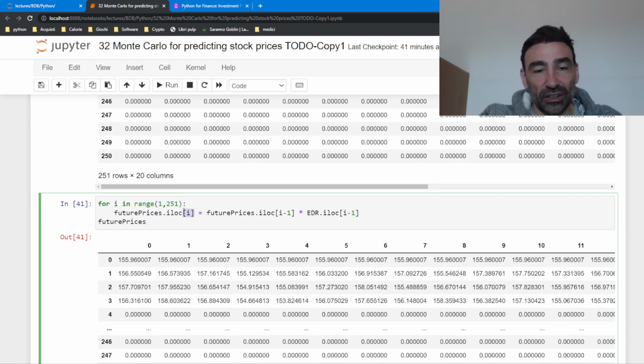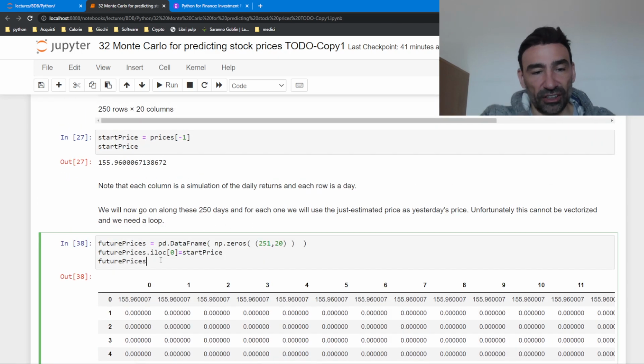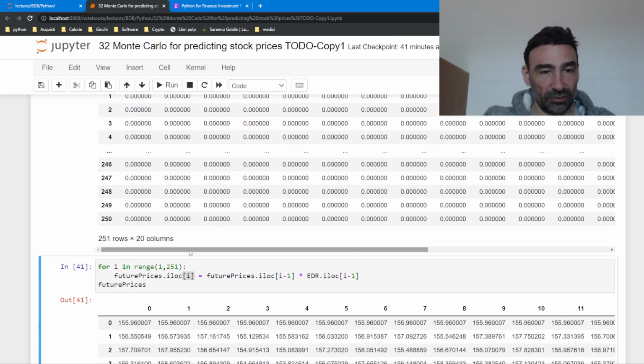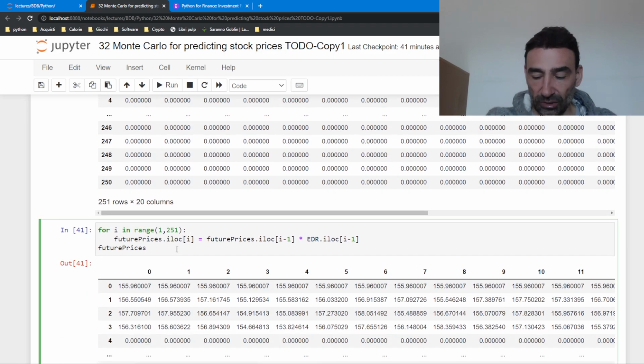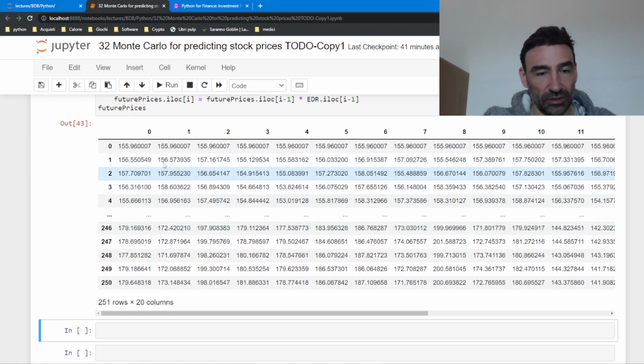So it will do sequentially 1, 2, 3, 4, 5, 6. Now first of all restore future prices as it was originally, and now let's go. Okay, now you can see it has calculated all of them. And now finally we can plot it.